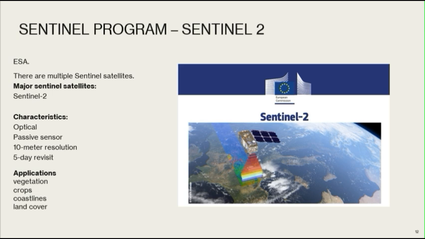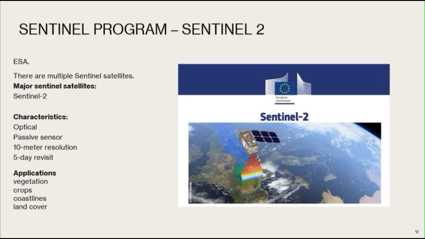Sentinel-2 is a passive remote sensing system, meaning it measures sunlight reflected from Earth's surface, and it collects imagery in 13 spectral bands, allowing scientists to study vegetation, water, soil, and urban environments. One advantage of Sentinel-2 over Landsat is its higher spatial resolution.